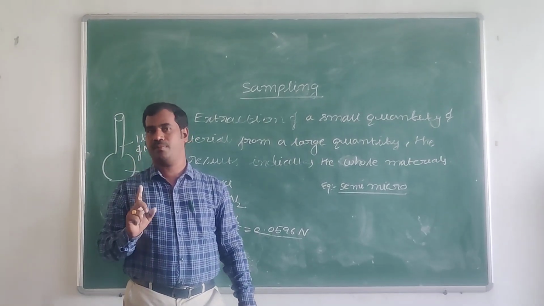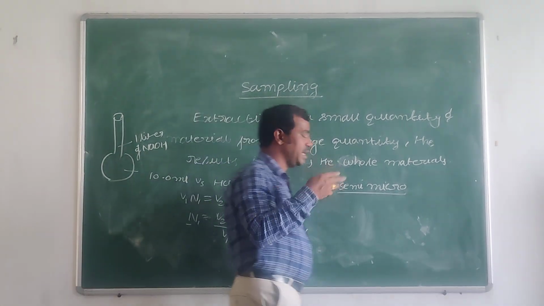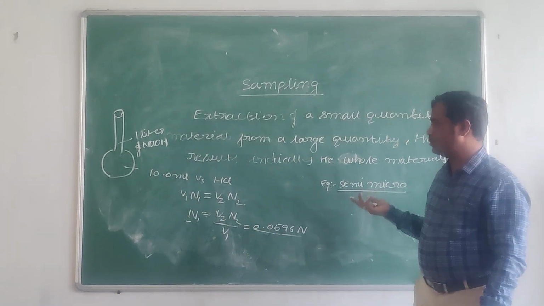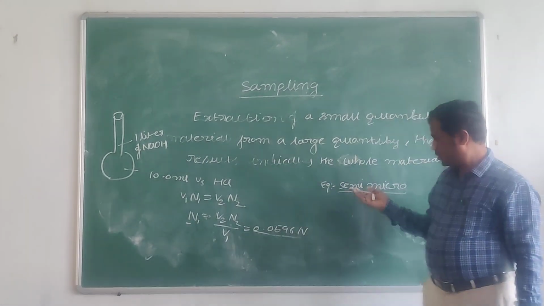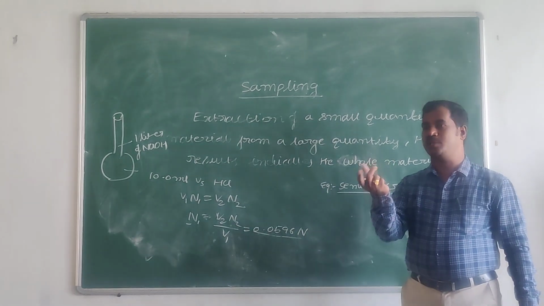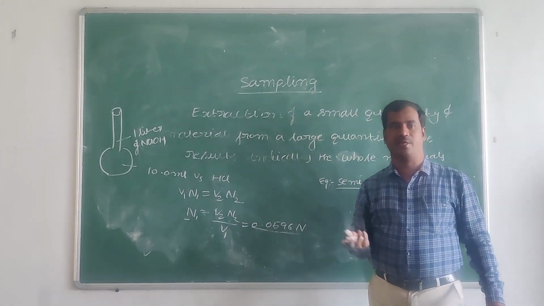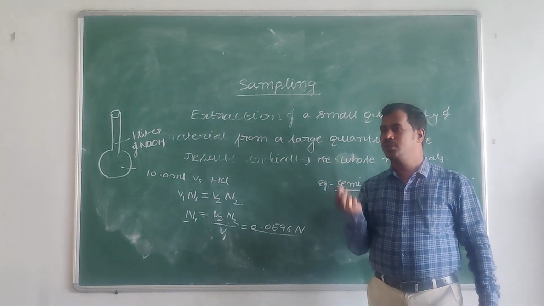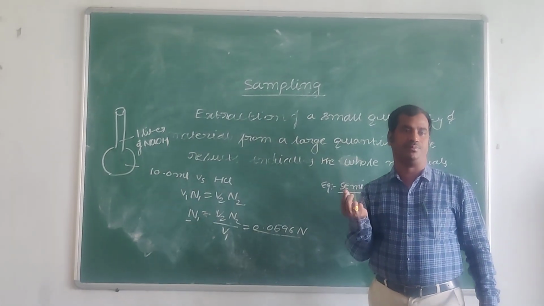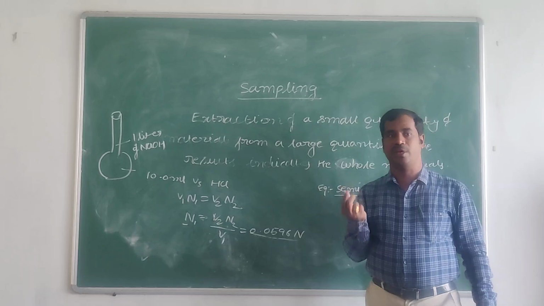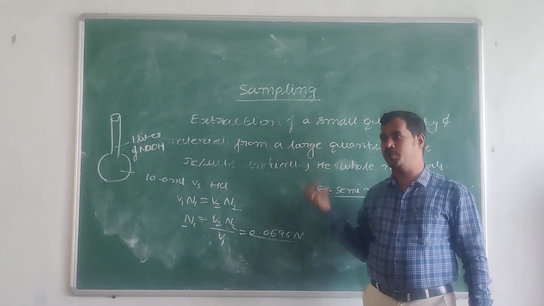That is sampling. Not only this, some other examples are volumetric instrumentation and spectrophotometric analysis. We take a bulk solution, like nitrate, iron 3, iron 2. We take a small quantity of sample, and from this we indicate the results of the whole material.